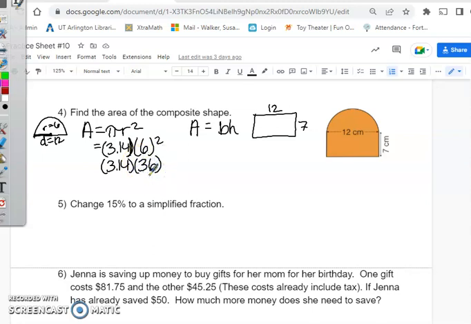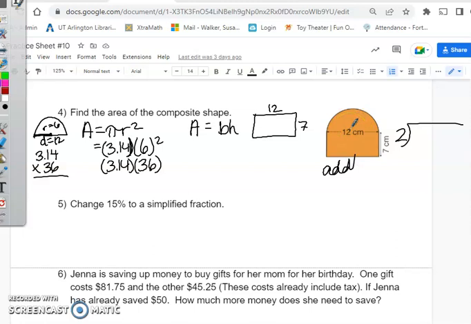Okay, now remember, whatever you get here, you need to multiply this out. Okay, whatever you get, you need to divide that by 2 because it's a semicircle. Okay, right? Hopefully we remember that. Now you'll figure out this one, and your last step is to add, because once we find the two areas, we add them together. Okay.